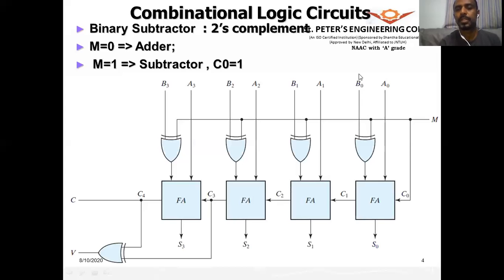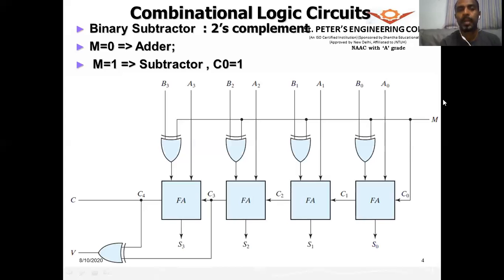If B naught is whatever value, you know from the identities of the XOR operation, B naught XORed with 0 is B naught. So therefore, you will be getting B naught. So B naught and A naught will be added, and the result of addition is shown at the output of S naught. And if a carry is generated, that is given to the next adder and so on.